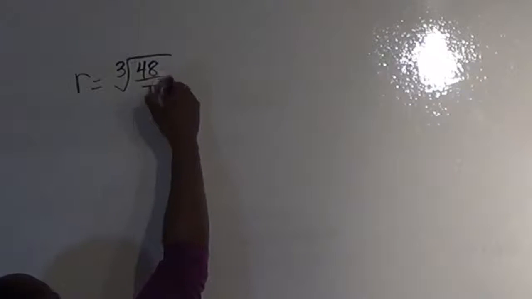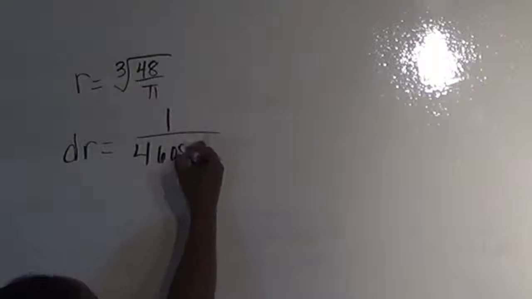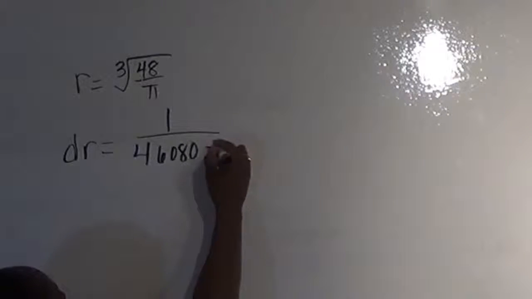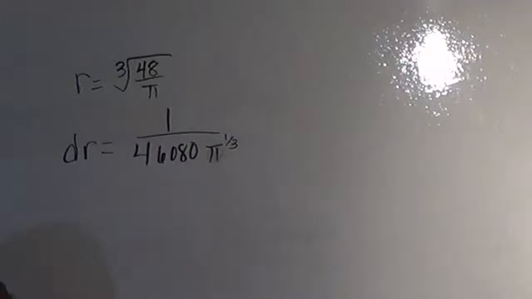So looking at our r, we know is the cubed root of 48 over pi. Our dr, we know is 1 over 46,080 pi to the 1/3. Again, these are both in centimeters.